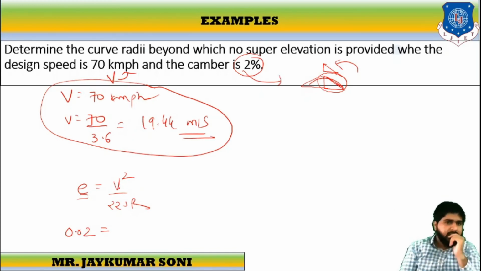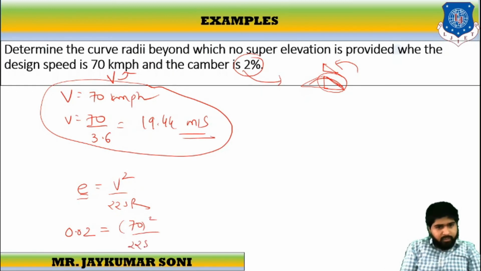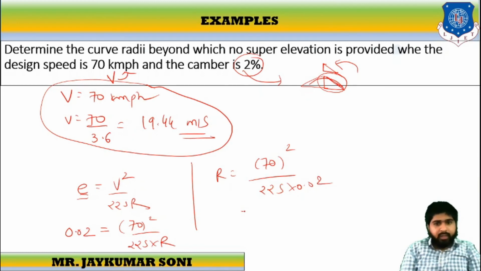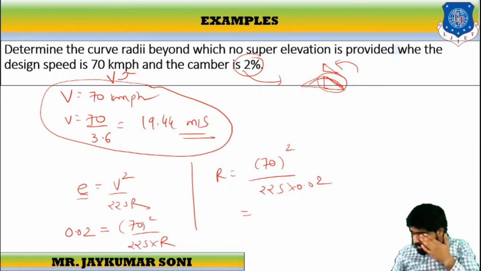Do we have the speed? Yes, we have the speed 70, 225 into R. So R will be 70 whole square by 225 into 0.02. Calculate and tell me what is the value that you are getting from here. Let me calculate. 70 square by 225 into 0.02.